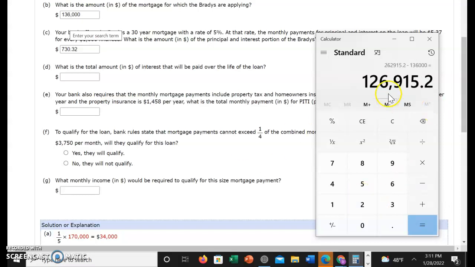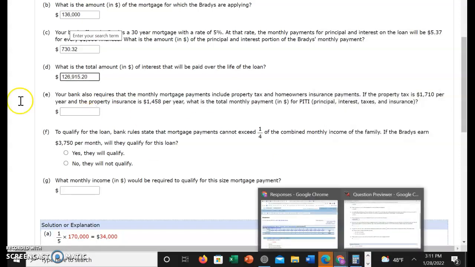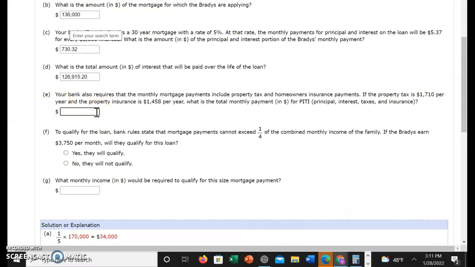So the amount we end up paying the bank for borrowing the money is $126,915.20.